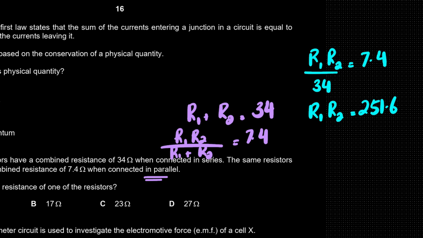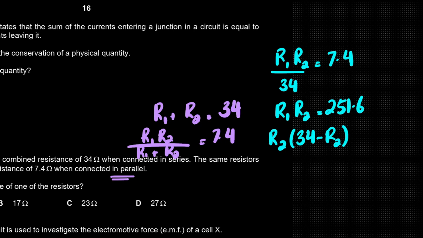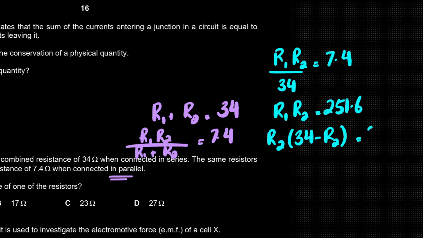Then if I look here, 34 minus R2 is R1, so R2 times (34 minus R2) is 251.6. But again this didn't really simplify things, because this does lead to a quadratic equation again.